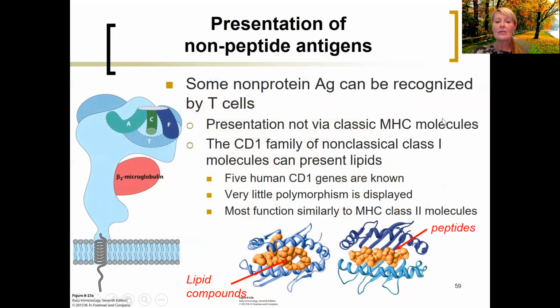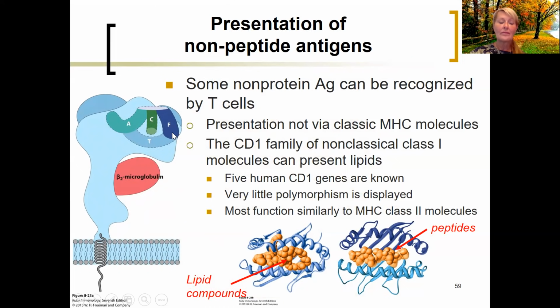And we can look a little bit in more detail at what the CD1 molecule looks like. So over here on the left, you can see its kind of general structure. You see the beta-2 microglobulin. And these A, C, and F, and T are showing you the tunnels or the deep binding clefts within this pocket.